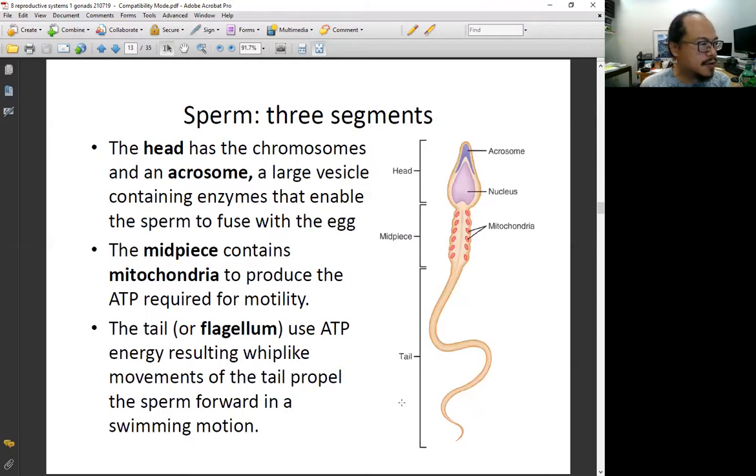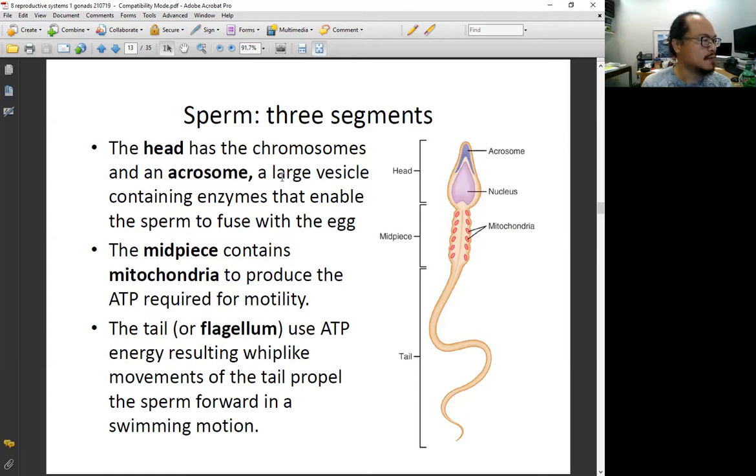A mature sperm cell has this structure. It contains a head, a mid piece, and a tail. In the tip of the head, it has this acrosome.